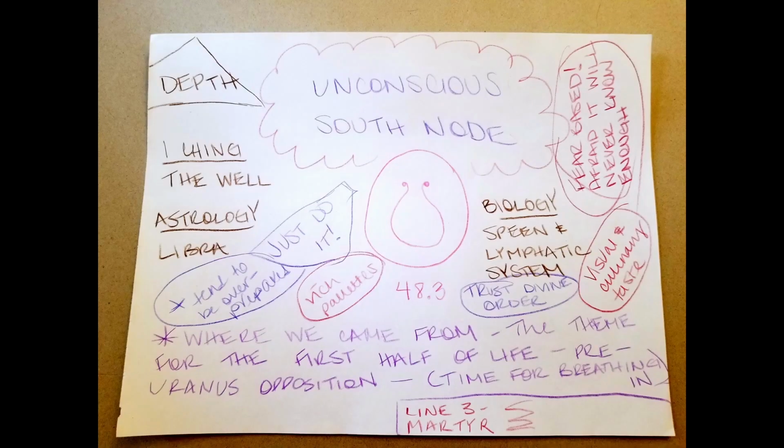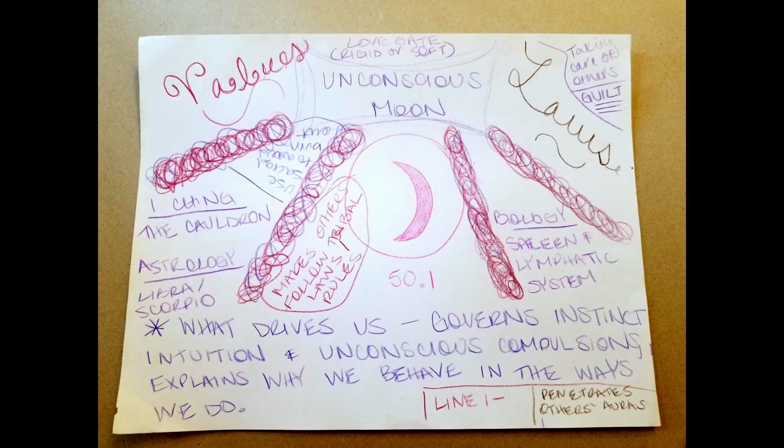So although this is on my unconscious side, it is becoming conscious now that I have nearly moved out of my South Node. This one I got really wild on.